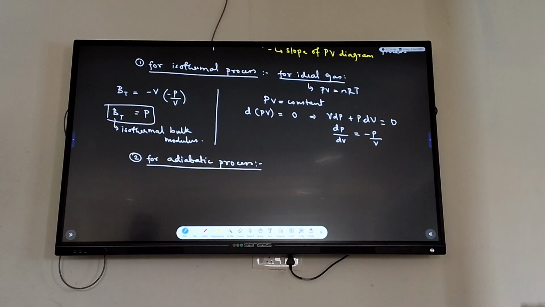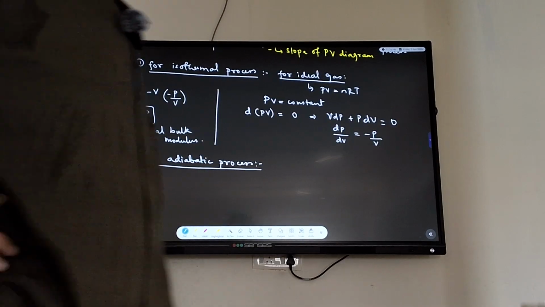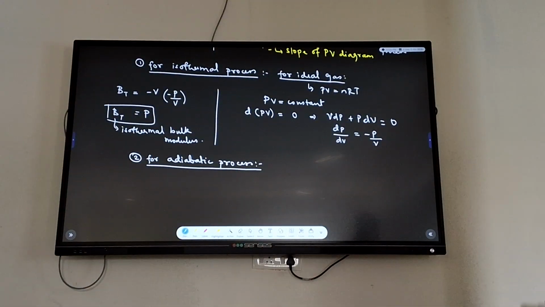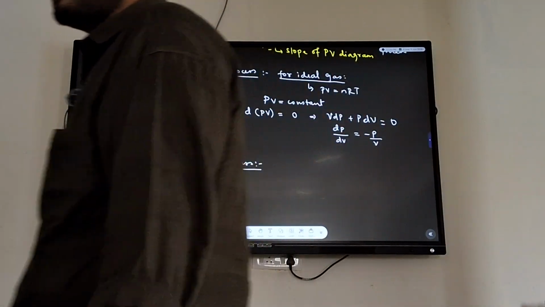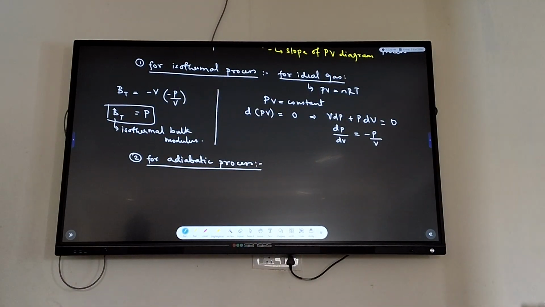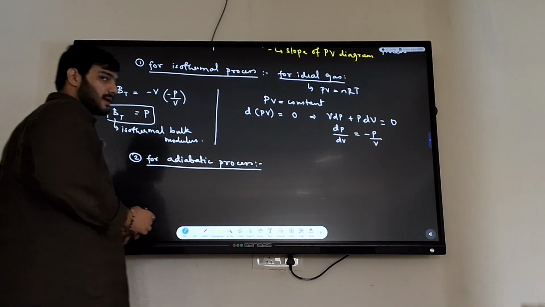It will be minus p by v. Incorrect. Should I do it myself? Gamma into p by v, there's a negative sign, so I should find minus gamma p by v.